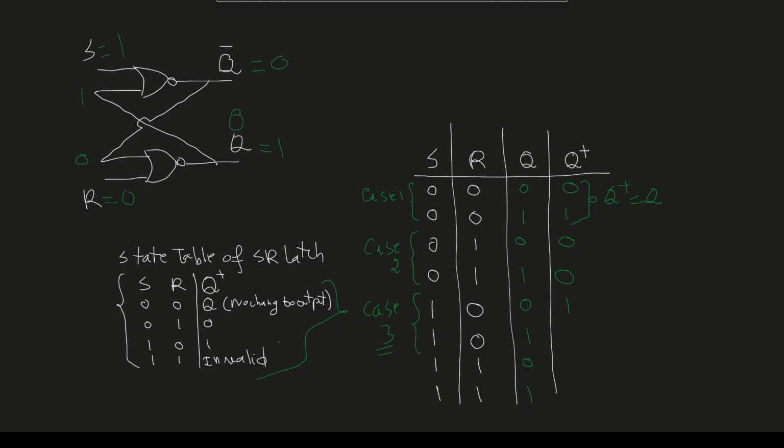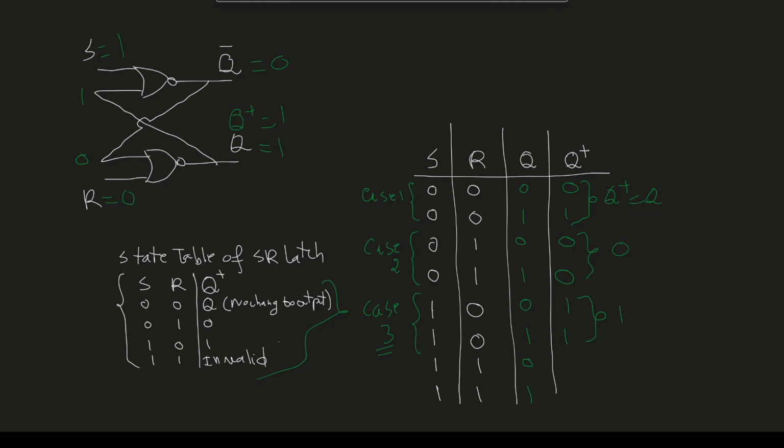The output for the next state will also be equal to 1. So this row will have 1. So that's why in this case, we will always have the output set to 1. Here we have 0, here we have 1, and then in the first case we had Q.